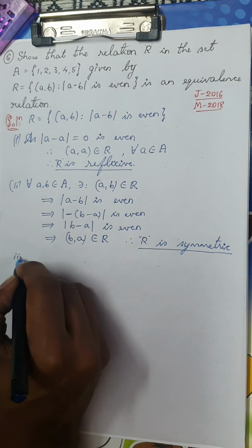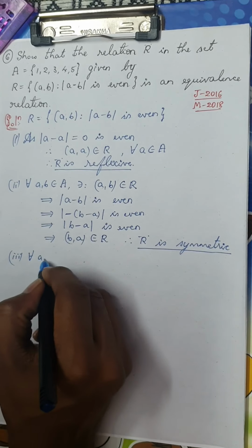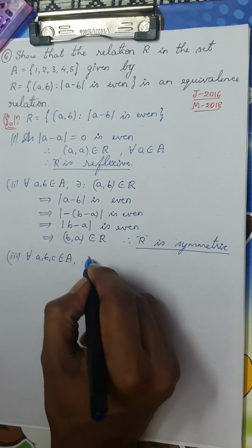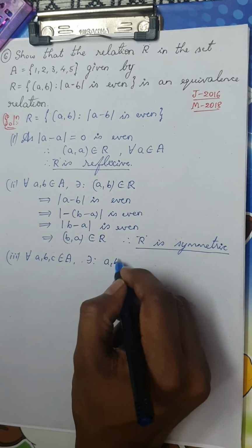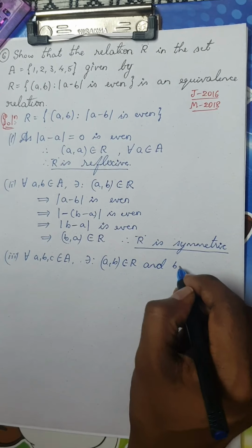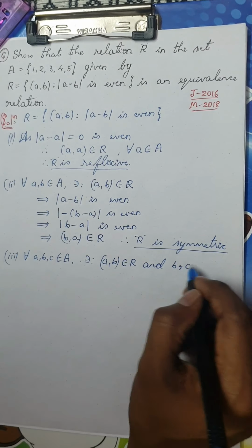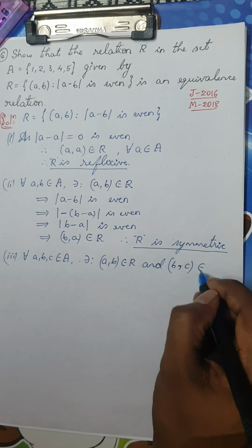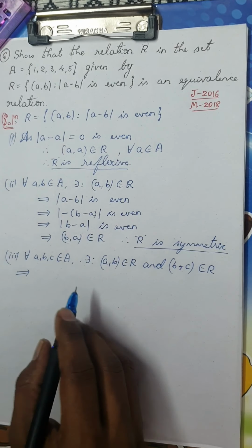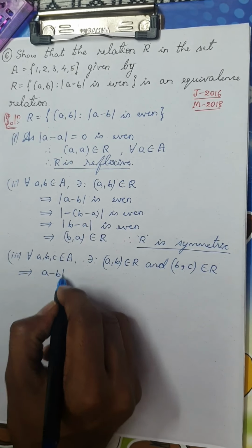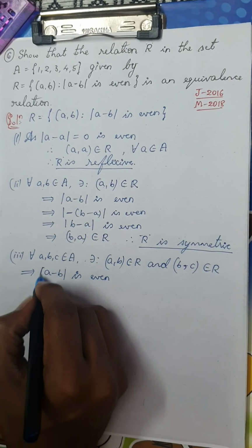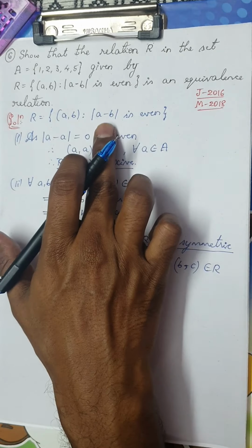Now going on to the third one, take 3 elements, for all A, B, C belongs to A such that (A, B) belongs to R and (B, C) belongs to R. If you take 2 ordered pairs, I can write modulus of A minus B is even. Remember students, the question is defined with modulus.